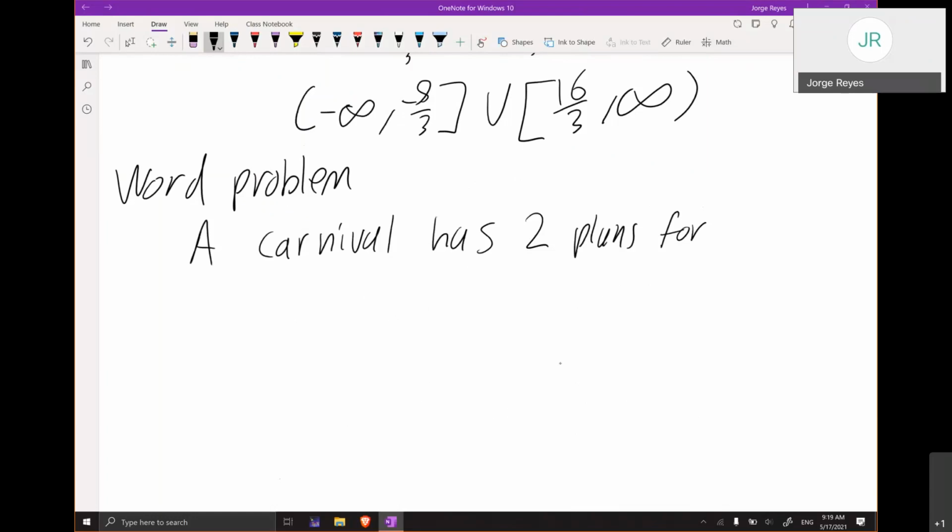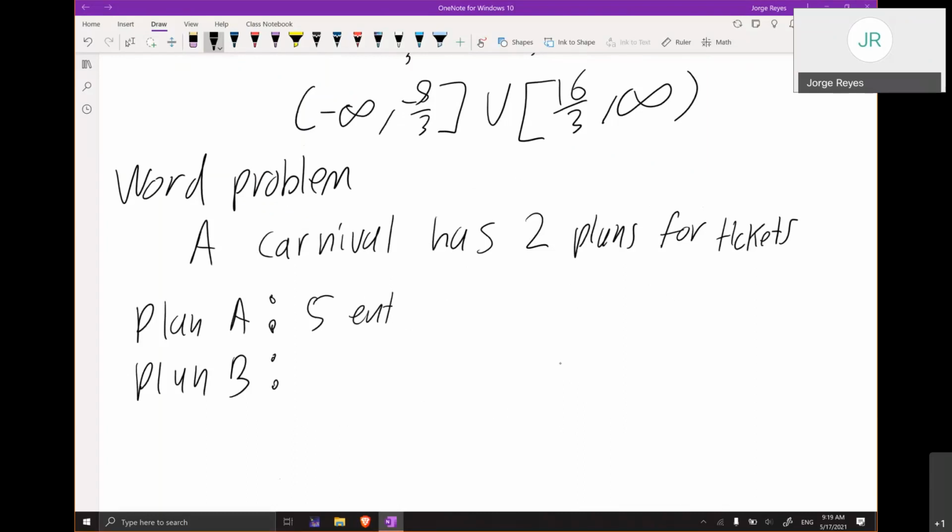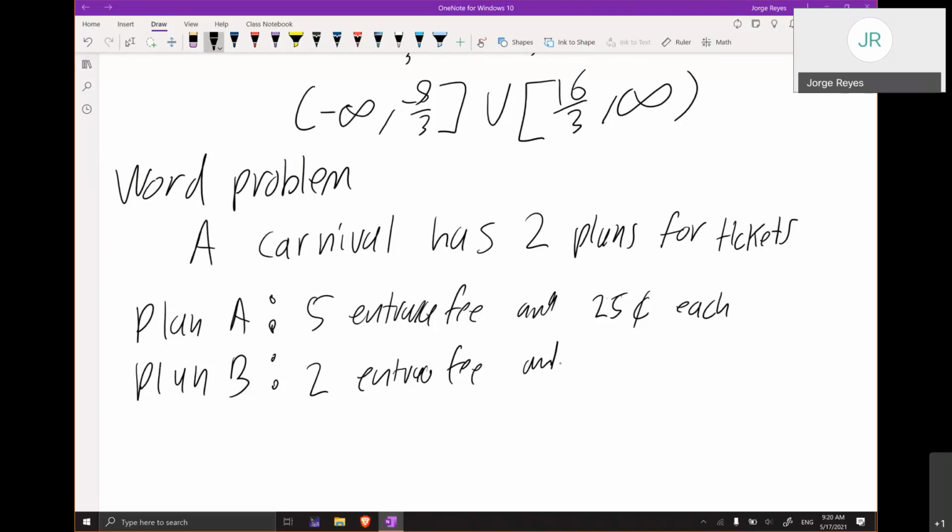So here we have a hypothetical carnival ride that sells 2 tickets, plan A and plan B. Plan A is a $5 entrance fee. Plan B is a $2 entrance fee. With plan A, it's 25 cents to ride each ride.